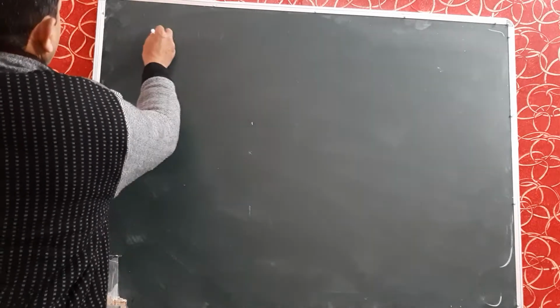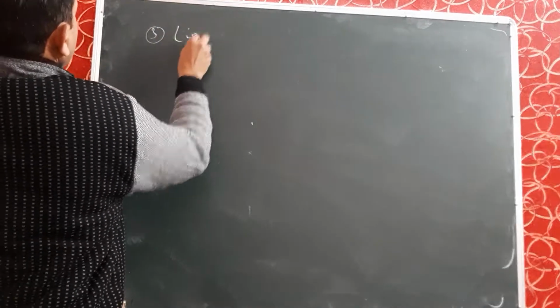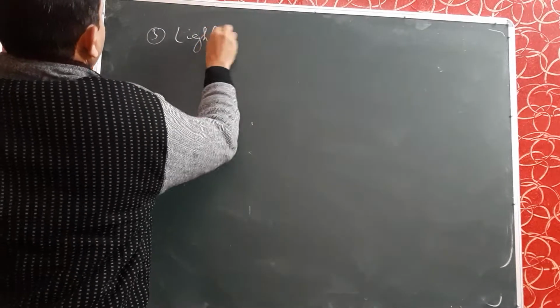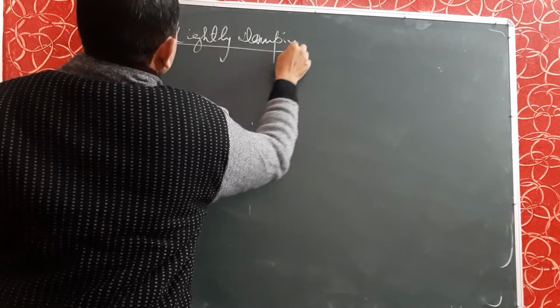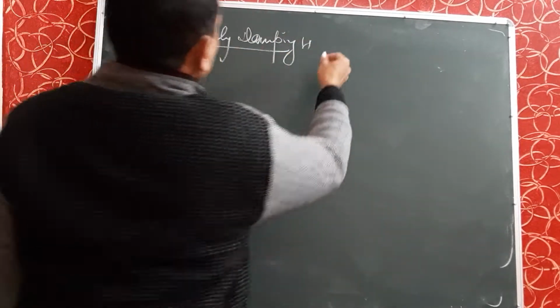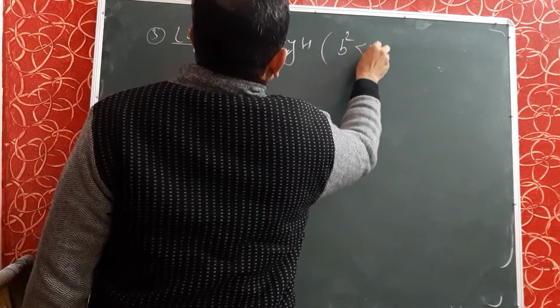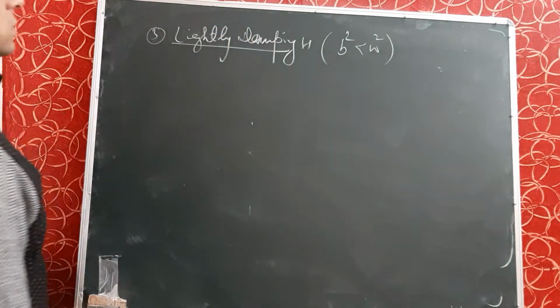Today we will discuss the third case, that is the lightly damped case. So, the third case is lightly damping. We know that in this case b square is less than omega square.